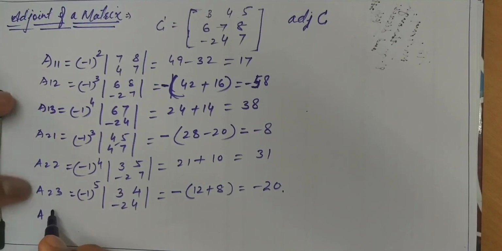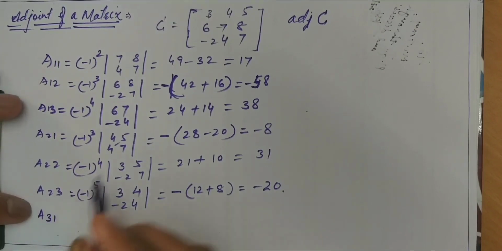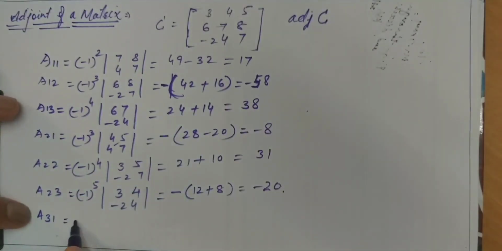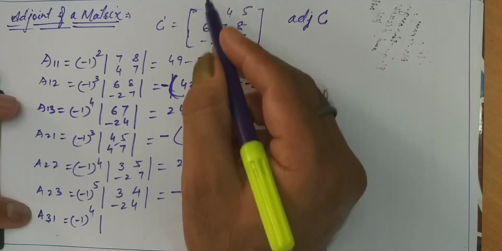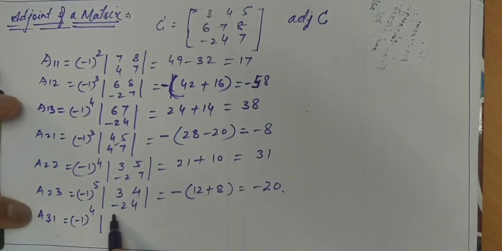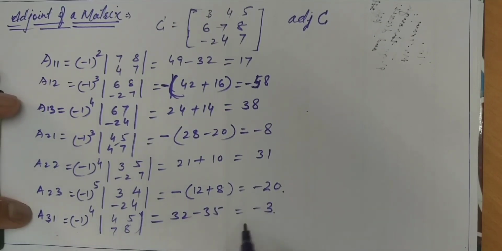Now last row, A31, that is minus 2, will be equal to minus 1 to the power 3 plus 1, 4, and the subdeterminant, this is 3 1, so leaving this way 4 5 7 8. This is minus 1 to the power 4 positive, 8 fours are 32 minus 35, minus 3.